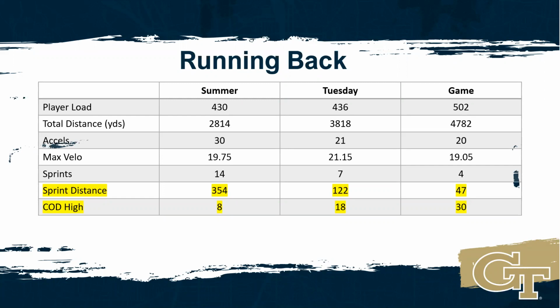The changes of direction they do is double, triple what those other skill positions do, and the amount of sprint distance that they actually get. Your sprint distance, especially in a game, is based off opportunity, and that's not based off ability. Do you have the opportunity to get past the line of scrimmage, get into the second level, and actually accelerate and hit those higher velocities?